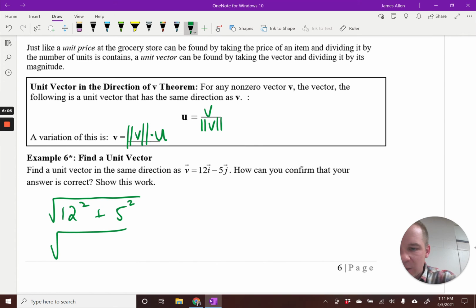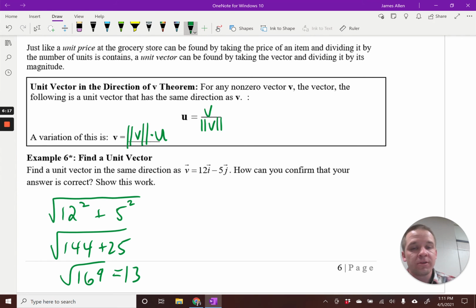That's going to be 144 plus 25, so it's the square root of 169. And that gives me 13. So my magnitude is 13. You may have also noticed that 12, 5, this is a 5, 12, 13 triangle. Those triples do come up even in this vectors unit. So if you know your triples, you're in good shape. That's going to save you a little bit of time.